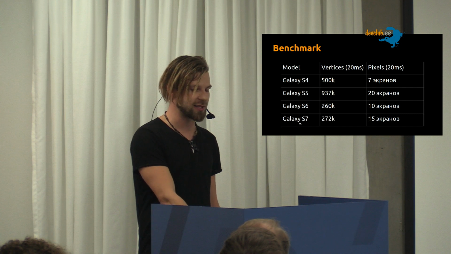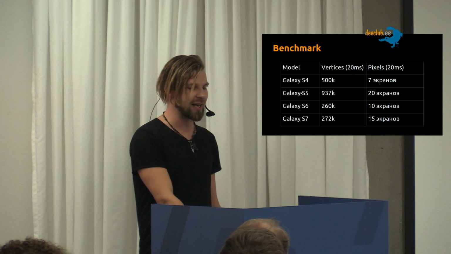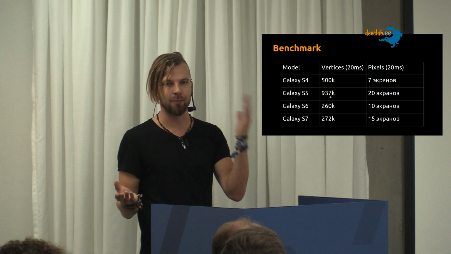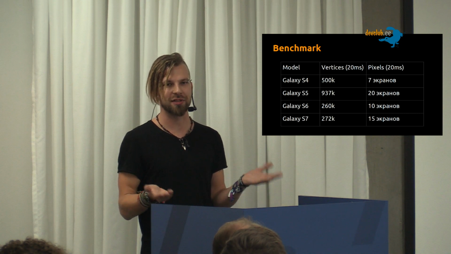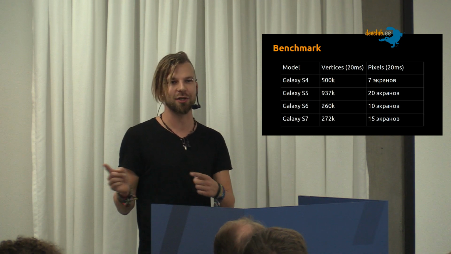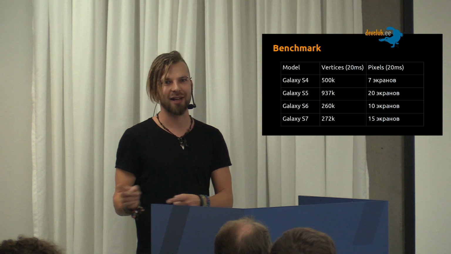And the same for Galaxy S7. So basically, the last phone which balanced natural heating and the power of the processor is Galaxy S5. Everything which comes after Galaxy S5 is actually bad. Don't buy those phones.